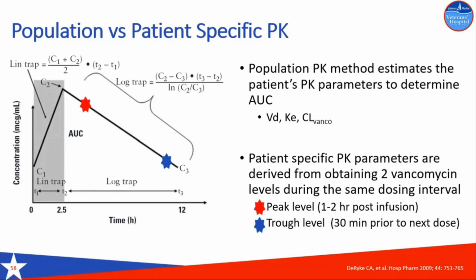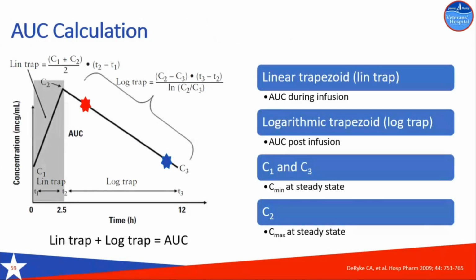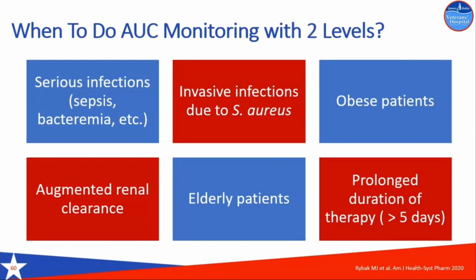By getting those 2 points in time, we're able to calculate all the PK parameters that we need. I'm not going to bore you with the math of it, but the take-home point is that you need both the peak and trough within the same dosing interval to be able to calculate this appropriately.